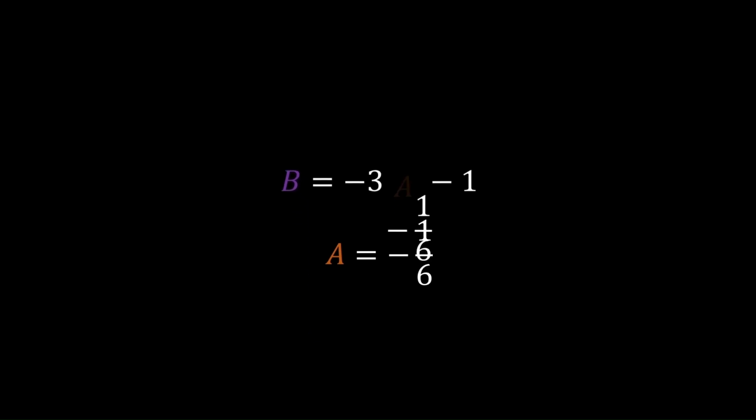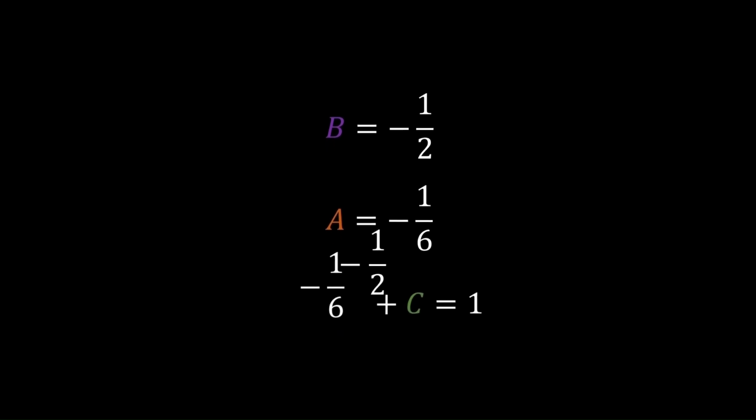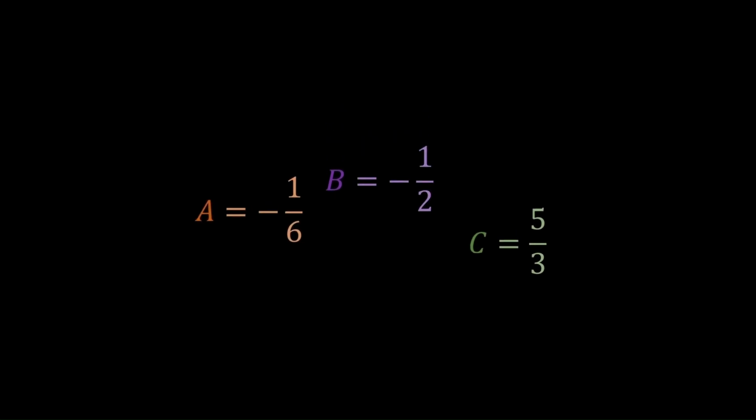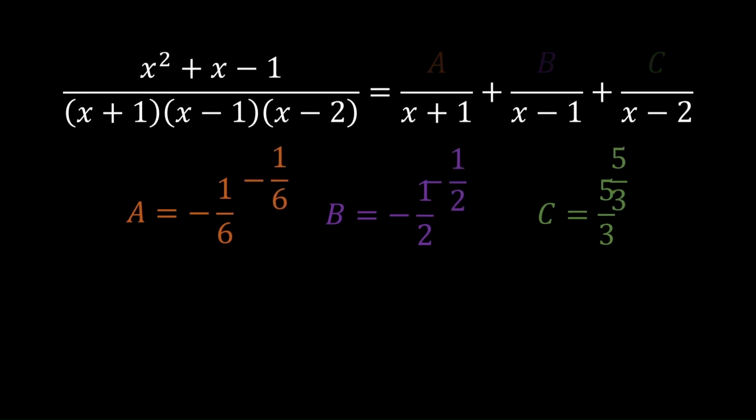Using the second equation, we can determine b, and we end up with b is equal to negative 1/2. We can now use any one of the equations containing c to determine c, and we end up with c is equal to 5/3. At this point, we have completed the partial fraction decomposition using the method of undetermined coefficients.